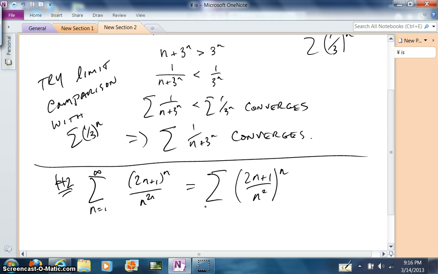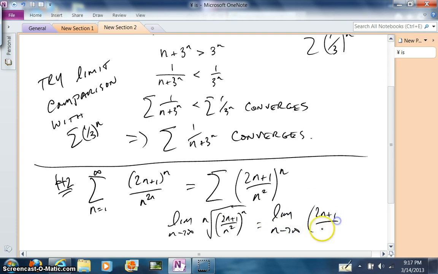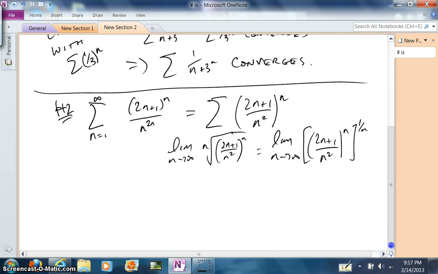Okay, so let's do the limit as n goes to infinity of the nth root of that thing. Of course, the nth root is really a 1 over n power, and so these just cancel.